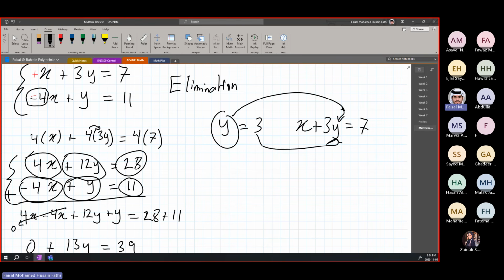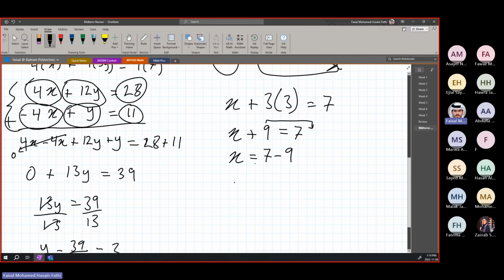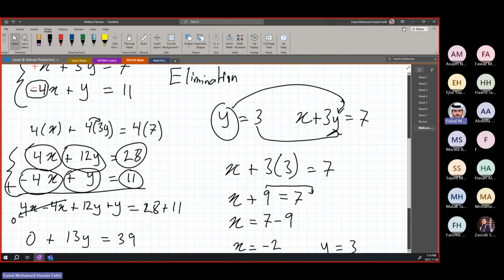So the value will go here. x plus 3 times 3 is equal to 7. x plus 3 times 3 is 9 is equal to 7. x is equal to, we will just take the 9 to the other side. So 7 minus 9. x is equal to minus 2. And now we found our values. So x equals minus 2 and y is equal to 3. That's the solution. All right.